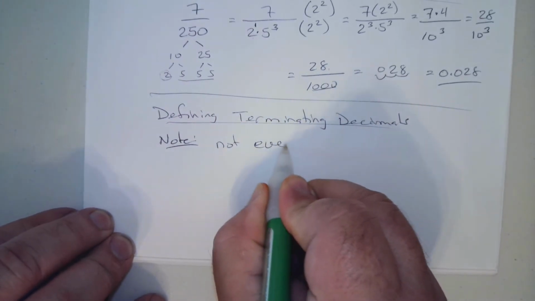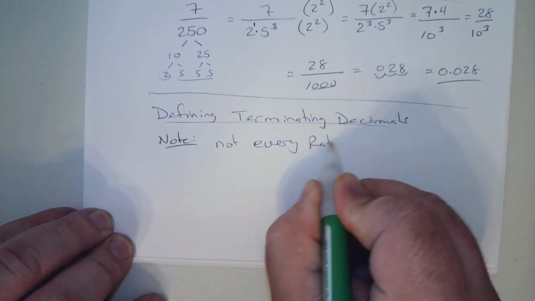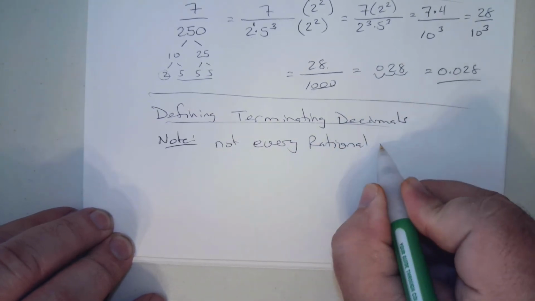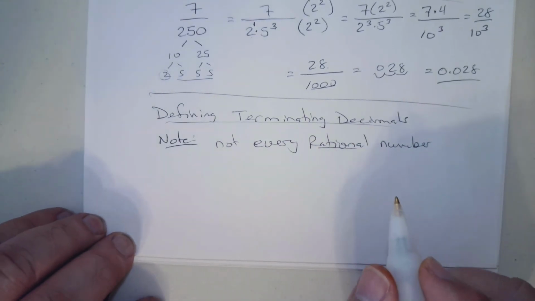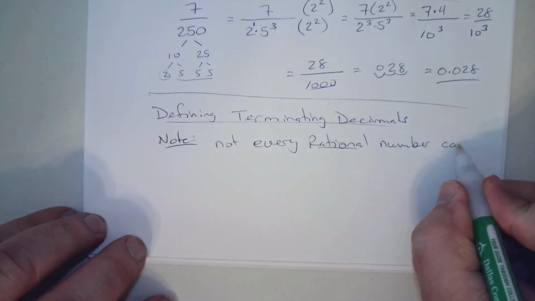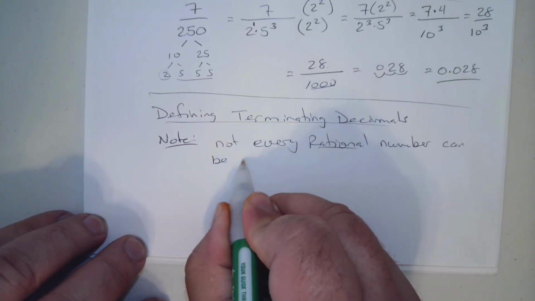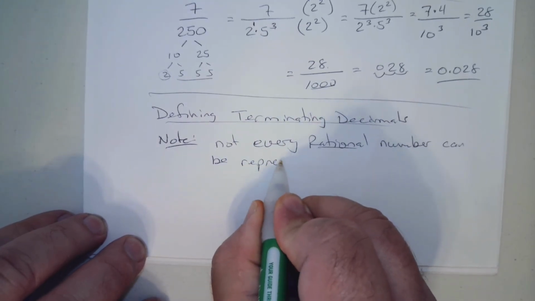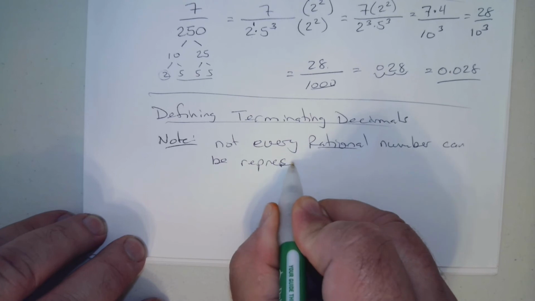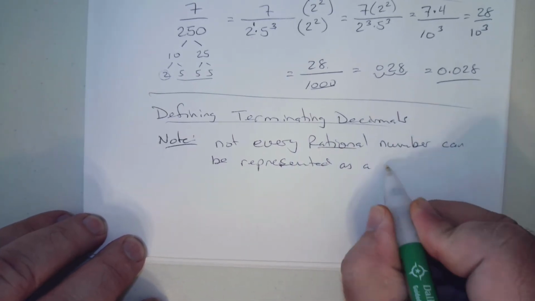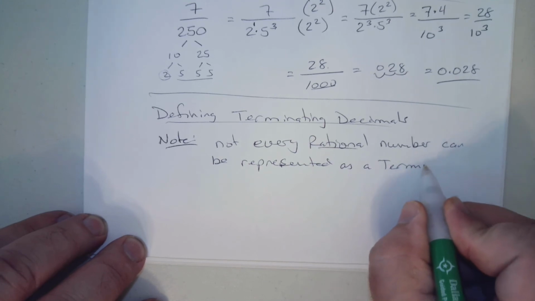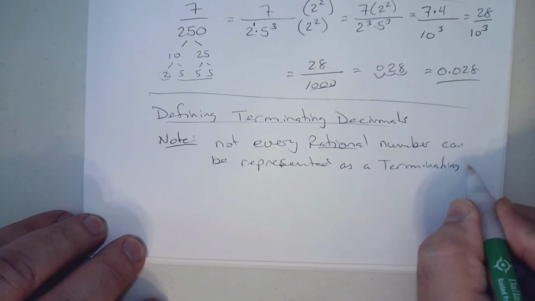Not every rational number, remember, fraction, can be represented as a terminating decimal.